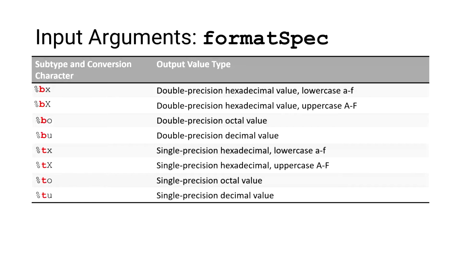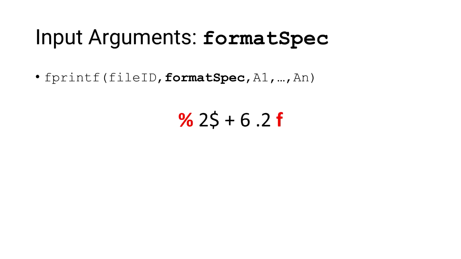There are two different types of subtypes. First, b specifies double precision, and t specifies single precision. And again, the subtypes immediately precede the conversion character, but as you can see here, not all conversion characters have subtypes. To recap, you must start your formatting operators with a % and end with a conversion character.